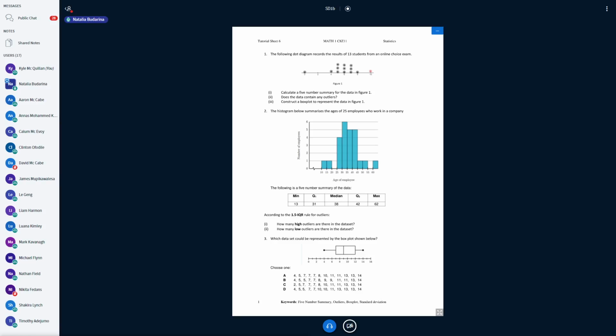So the answer is A. Okay, answer is A, and not C, since minimum is equal to 4 and not equal to 2. This is for you, remarks. Oh, sorry, I didn't share screen.